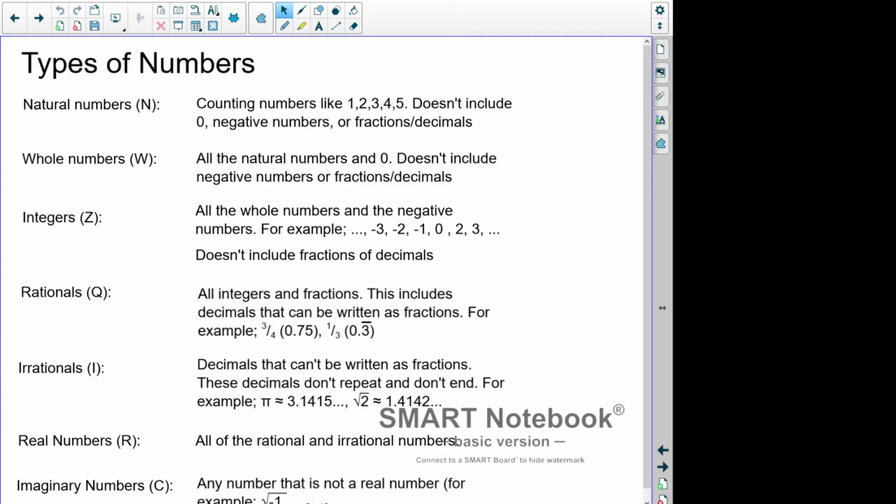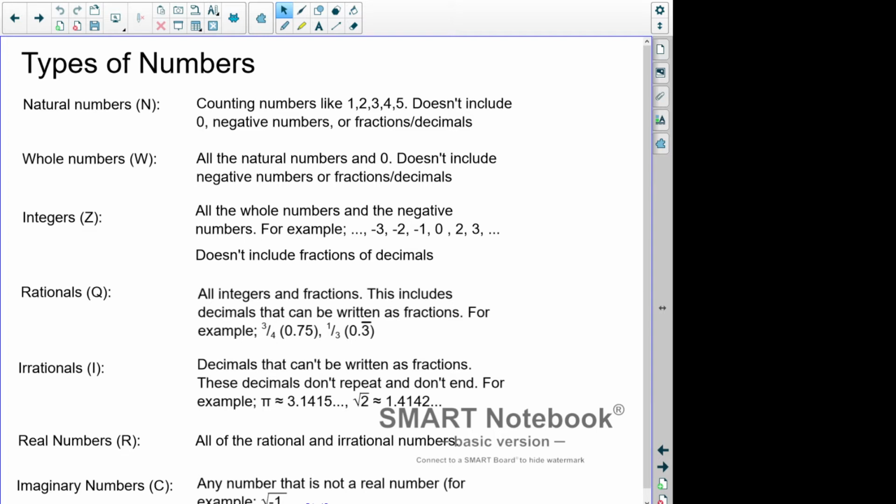So, for example, 1/3, if I represented that as a decimal, it's 0.33333, and that 3 repeats forever. And that's okay. I can represent that as 1/3, even though I can't get an exact value as a decimal representation. It's still considered a rational number because it does repeat, and it can be written in that fractional format.